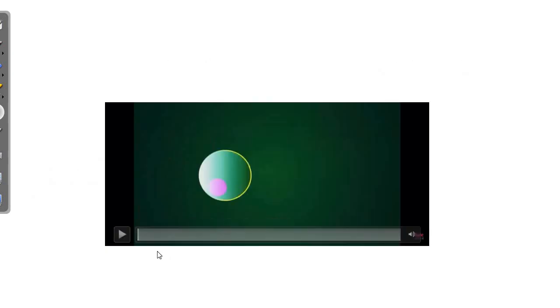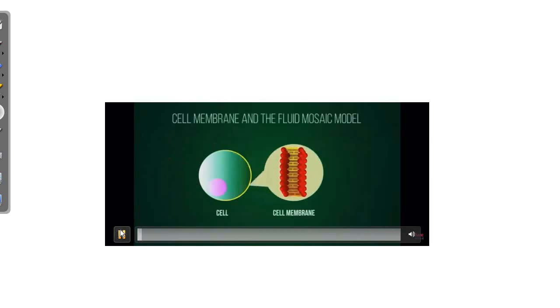So I have a short animated video for the same, showing how the mosaic pattern is seen from the top view, the scattered proteins. Just see to it. It's the cell membrane.